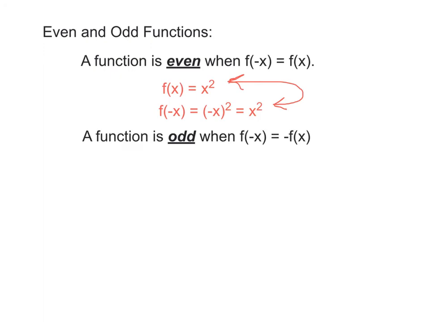Now similarly, a function is considered to be odd whenever f of minus x is equal to minus f of x. In other words, you plug in minus x for x in the function, and you get the negative of what the original function was. So if we take another example where we have a function g of x, and that is equal to x to the third minus x.